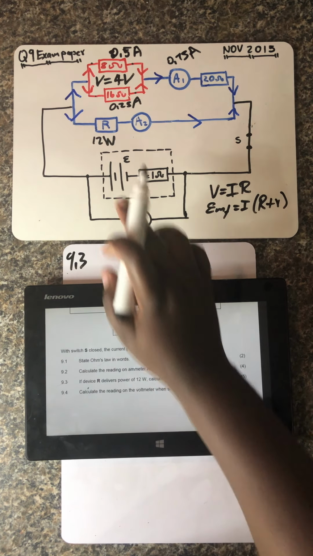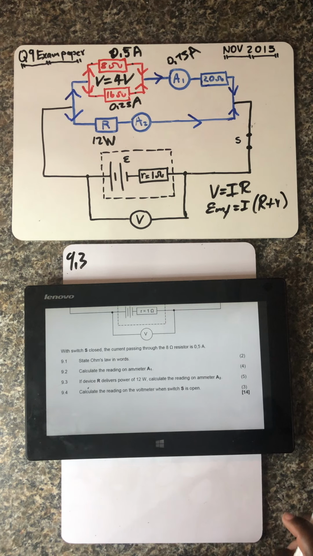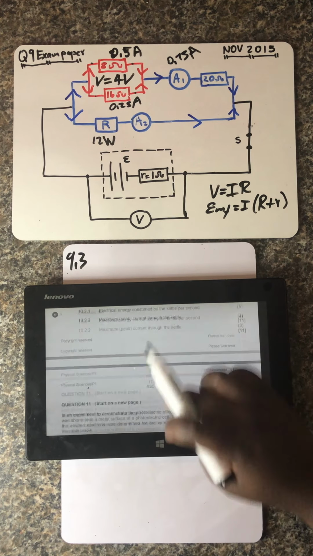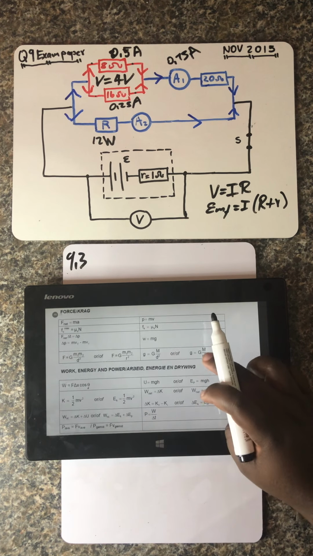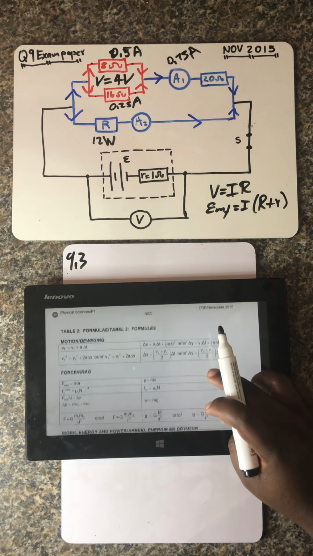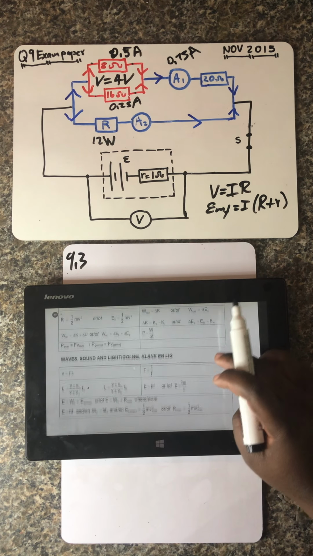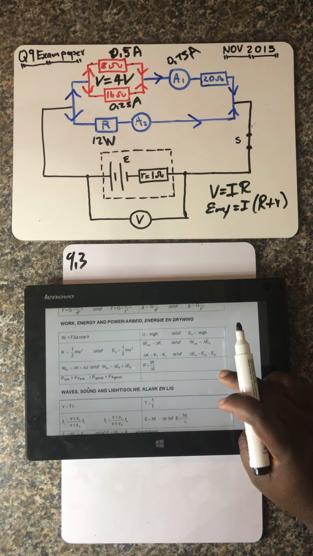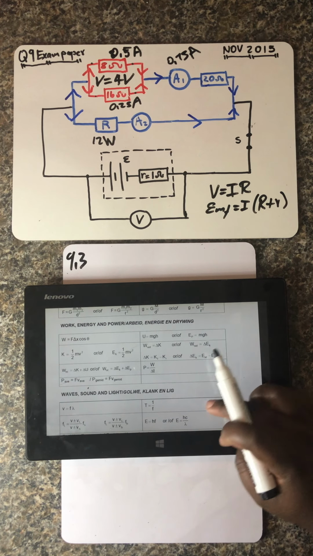So guys, for the fact that we're given a power there, we might need to know the formula for calculating power, because at some point it might assist us to calculate what the question wants. So I'm just quickly going to check the formula sheet and look for the formula for calculating the power.